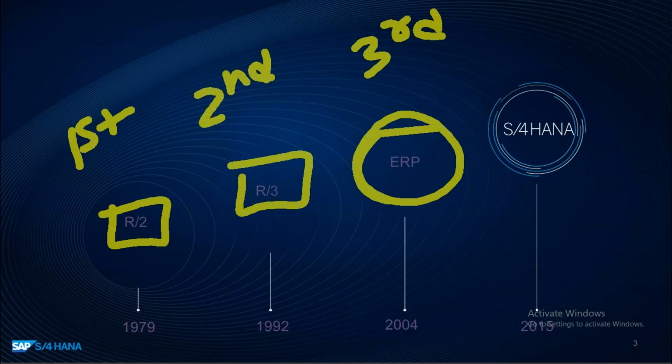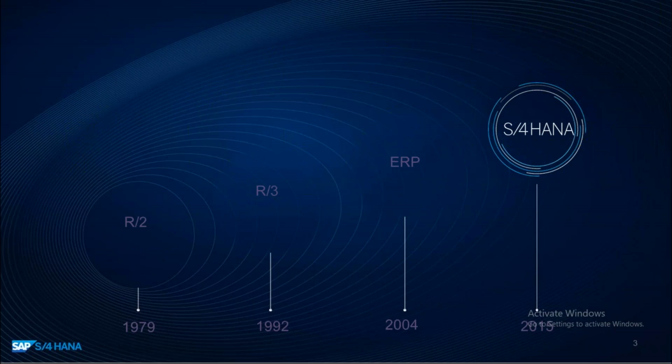And today, the fourth generation is the S4. So S here is the SAP, 4 here is the fourth generation and powered by the HANA database. So S4HANA is only built on HANA database, not on Oracle or Sybase or SQL Server or DB2, MaxDB or other databases. The S4HANA, it is only built on HANA database. Okay, so we have the fourth generation here, and this is just to give you an idea where we are coming from in terms of the SAP platform.